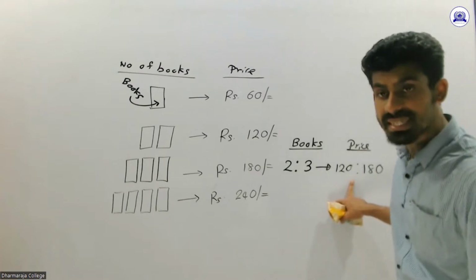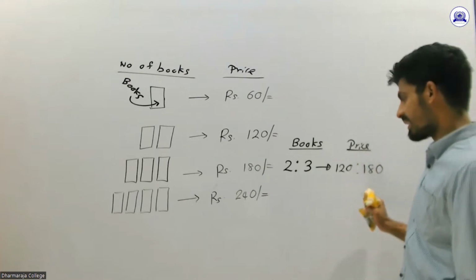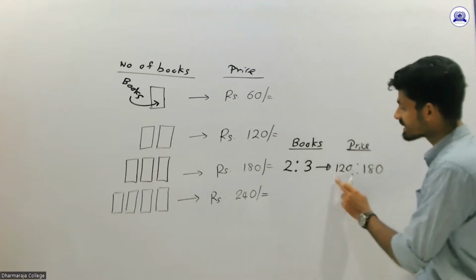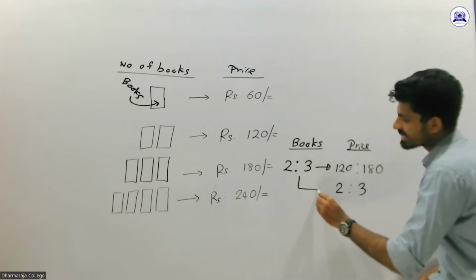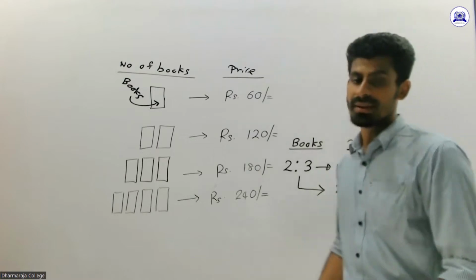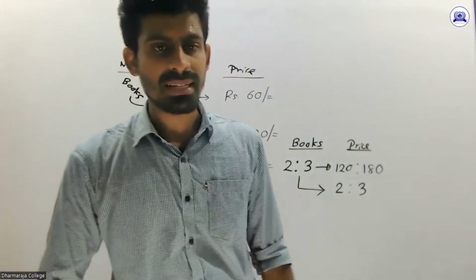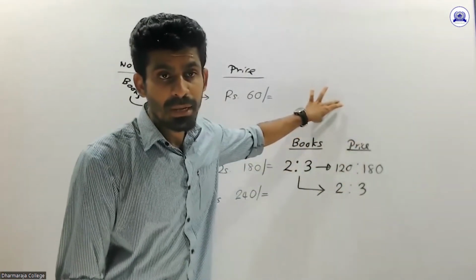So 120 to 180. Again, I can divide by 60, so 2 to 3. You can see the same ratios.